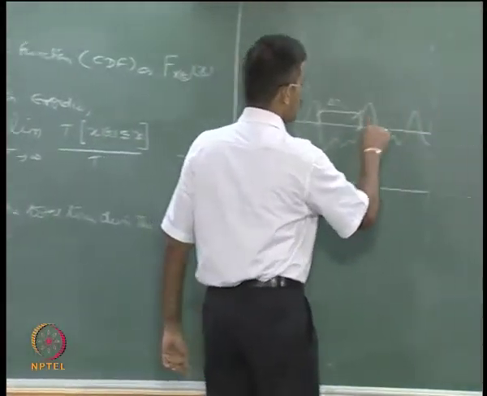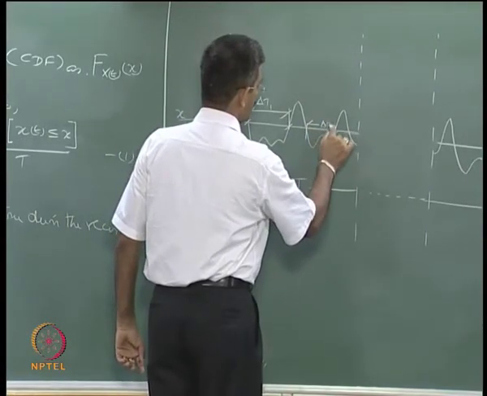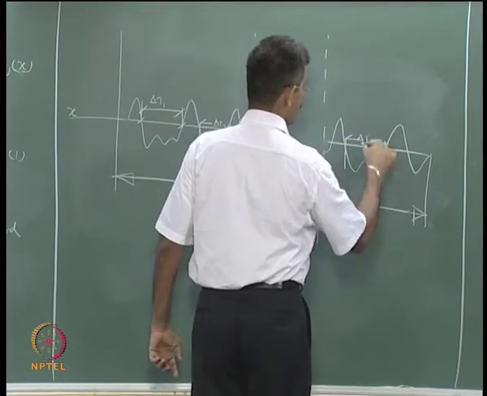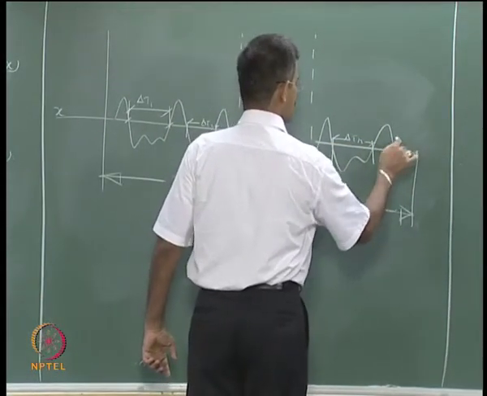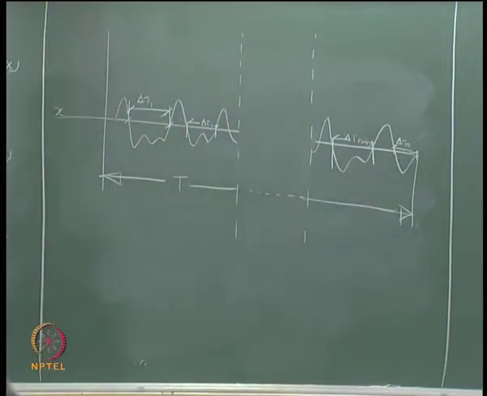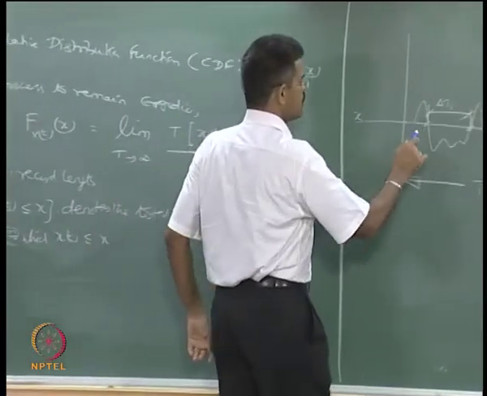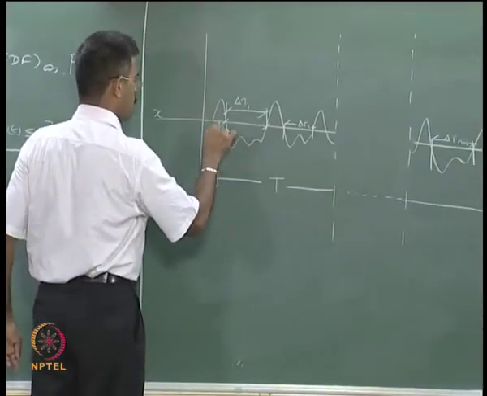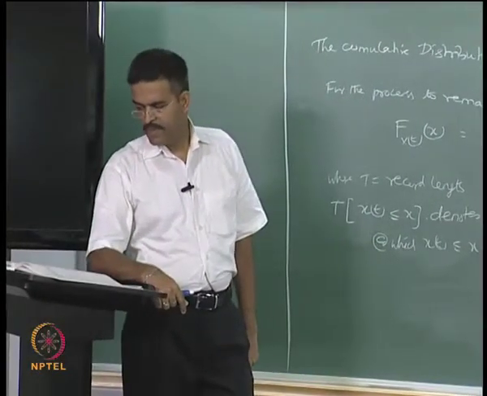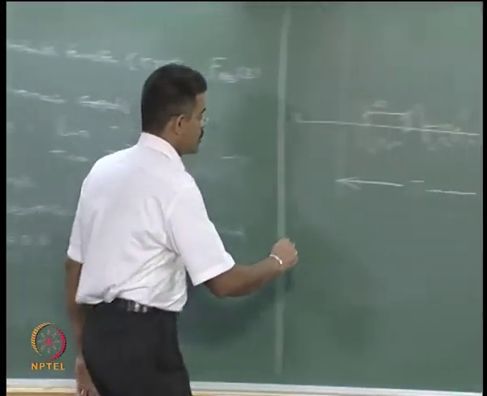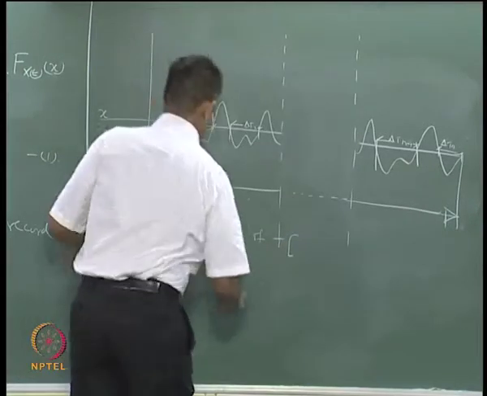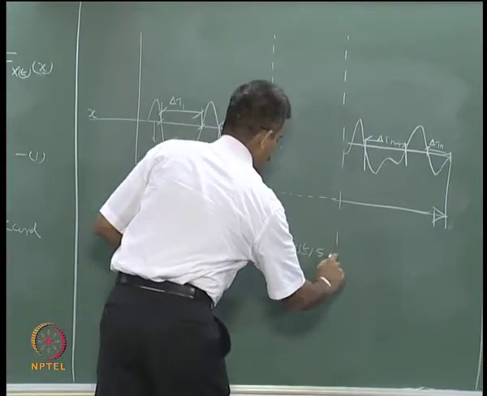So, similarly delta t2, similarly delta tn, similarly delta tn minus 1. You can see here very much that the sea surface elevation x of t is a value lower than x. This is what we call the contribution of T x of t less than or equal to x.